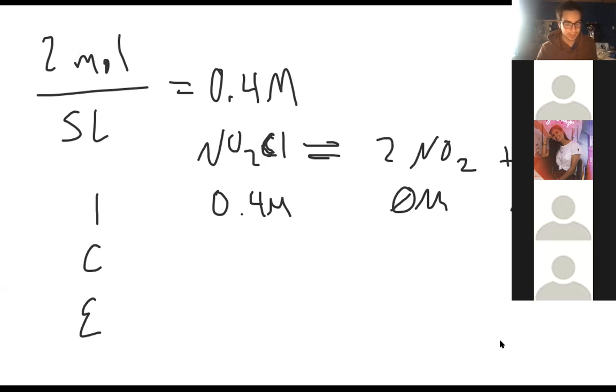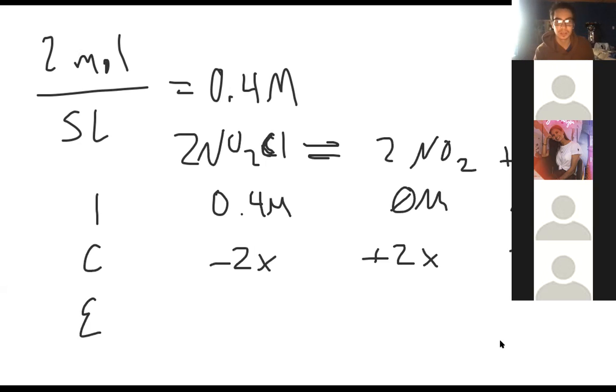So for change, we're going to use minus 2x, because we know it's going to change by some amount. Because we have a 2 here, it's going to change twice as much as the Cl2, for example. So Cl2 will have an addition of just x, because the coefficient is 1, and then NO2 would be plus 2x.